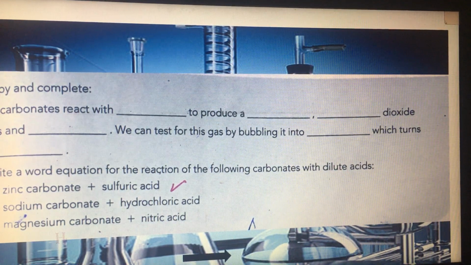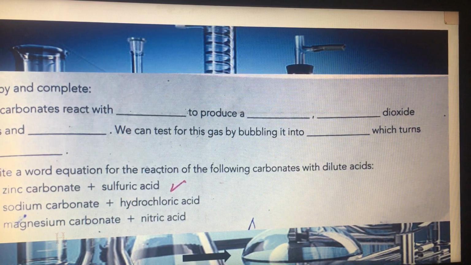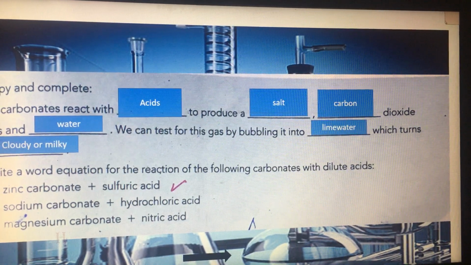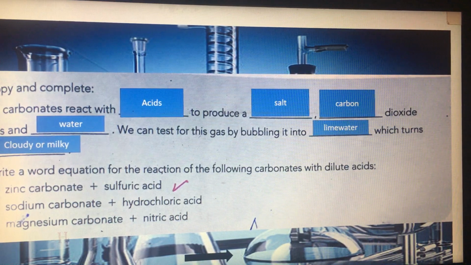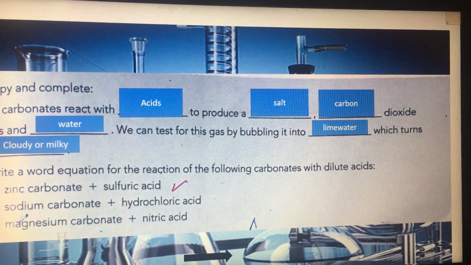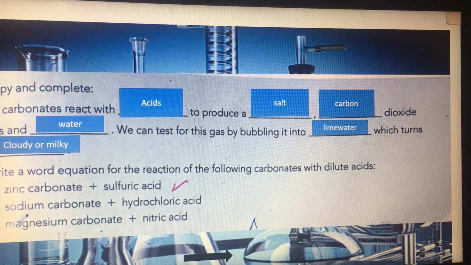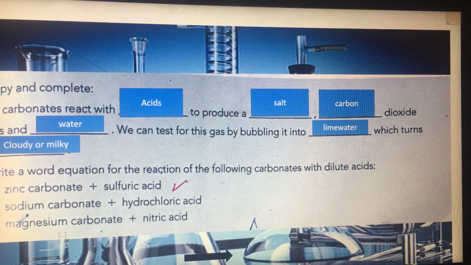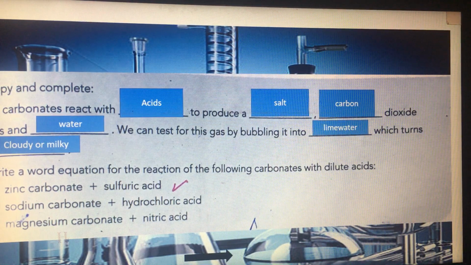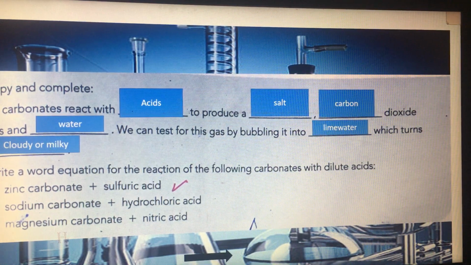We can test for this gas by bubbling it into lime water, which turns cloudy or milky. So to observe this reaction, we bubble the gas into lime water, which turns the lime water cloudy or milky.